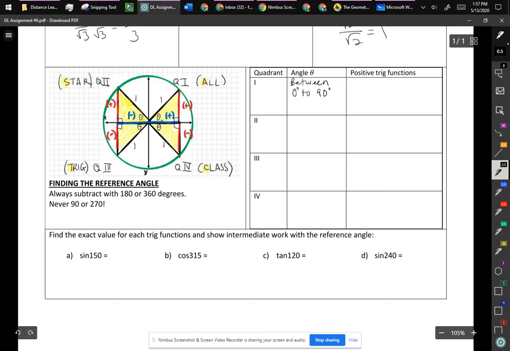Same thing. Quadrant 2 then would be from 90 degrees to 180 degrees. And then from 180 degrees to 270 degrees, and then 270 all the way to 360. Okay, so let's look at that. Here's 90.